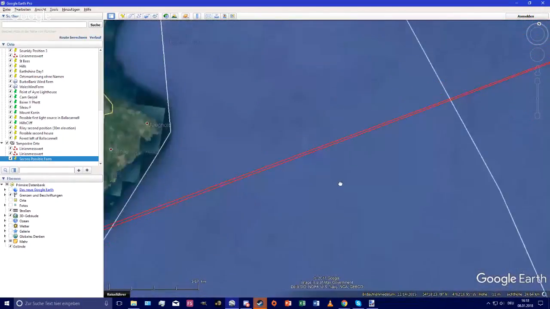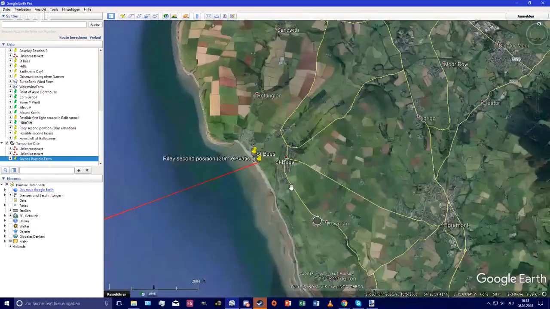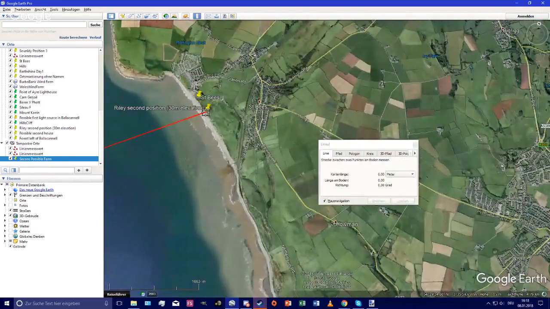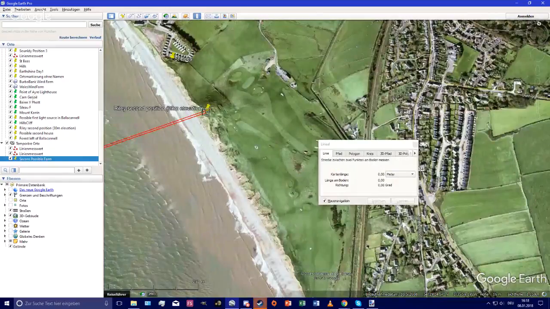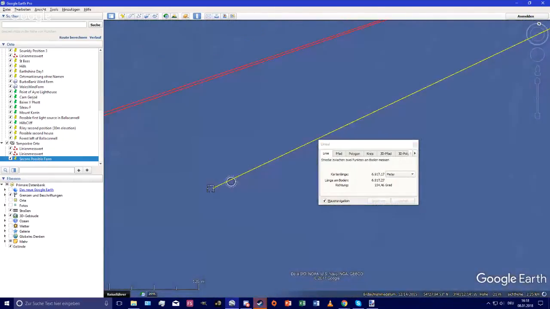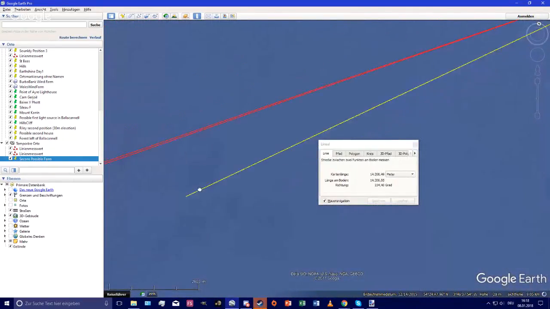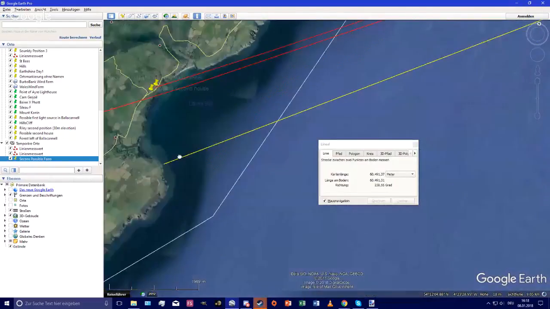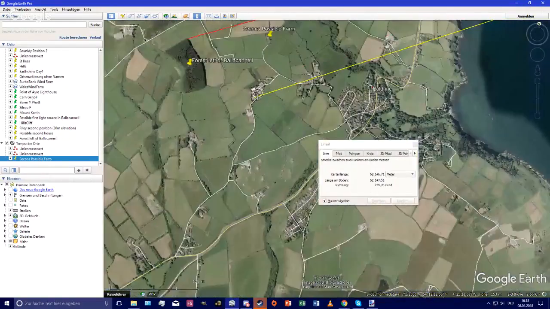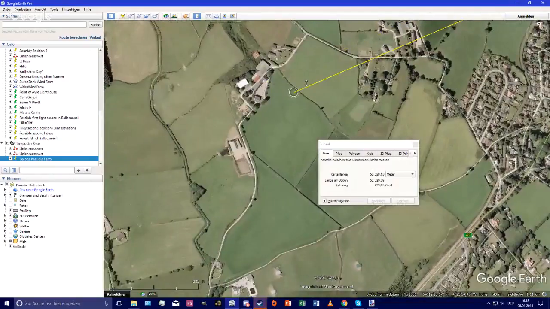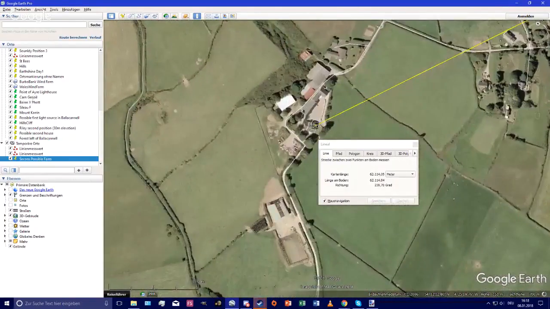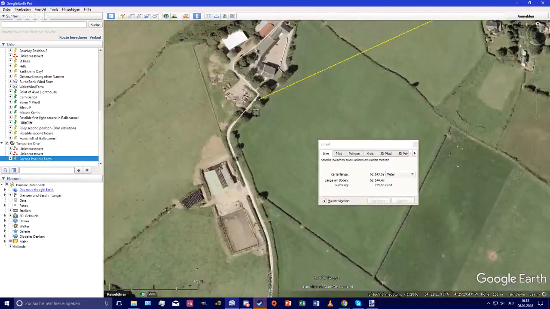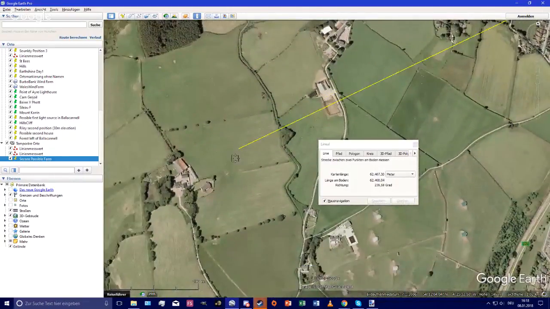Yes, because they've got exactly the right bearing to those. So, yeah, it's hard to determine that.